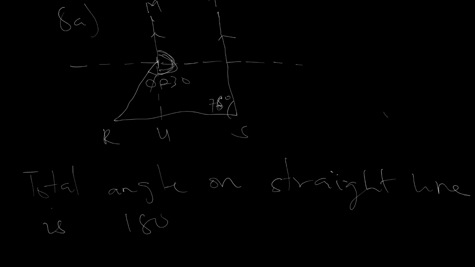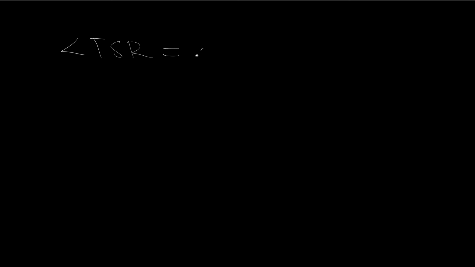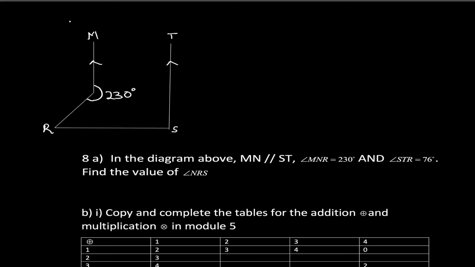So we also know that the angles formed by two parallel lines are equal. So in this case, we can say that angle TSR should be equal to angle MUR, since line MR and TS are parallel.